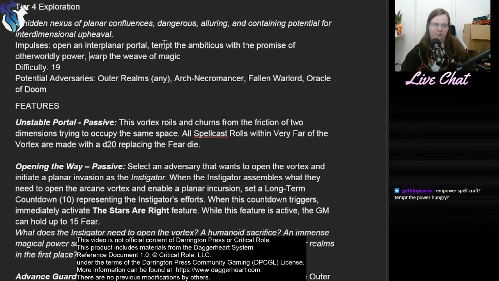Gethin suggests tempt the power hungry, right? Tempt the ambitious with the promise of otherworldly power, right? Somebody who begins engaging with the vortex will learn, oh, this connects to some other where, some other place. What could I get out of this? So that is 3 impulses, which is probably good enough to start.